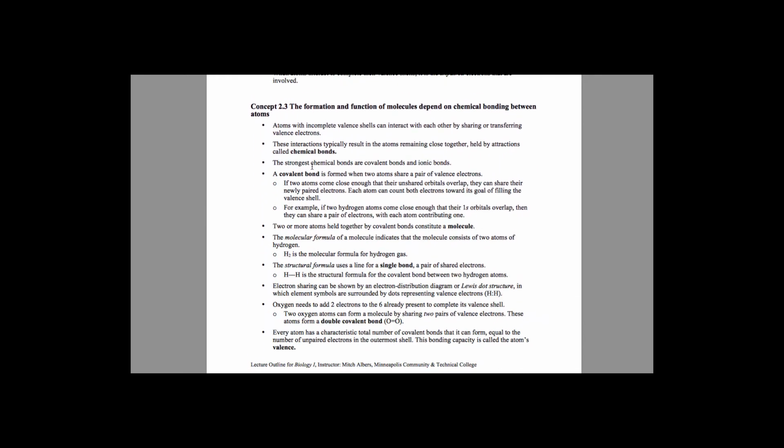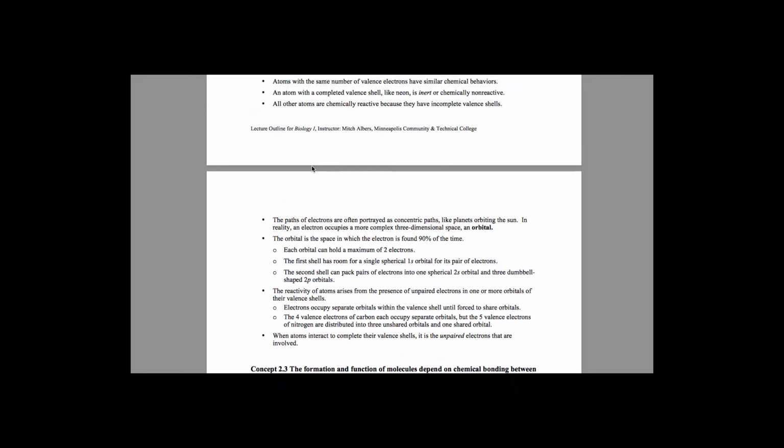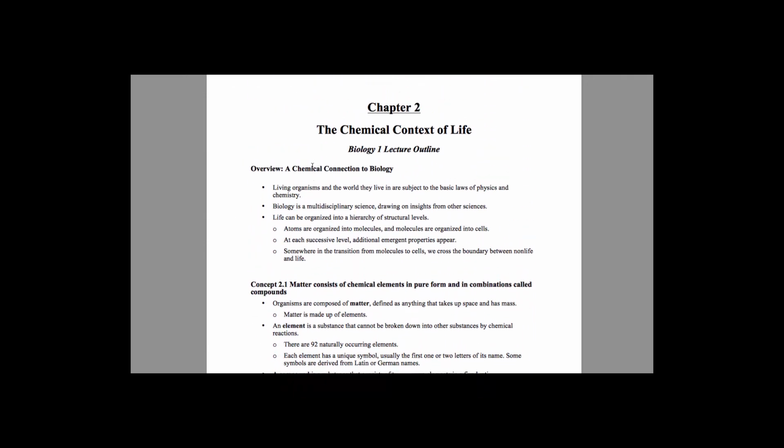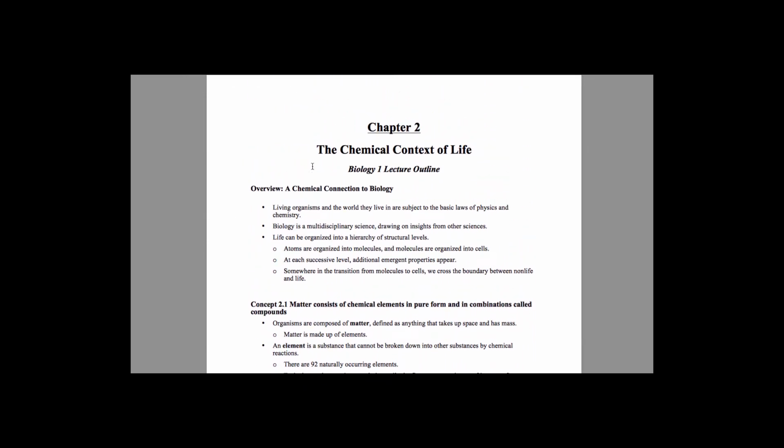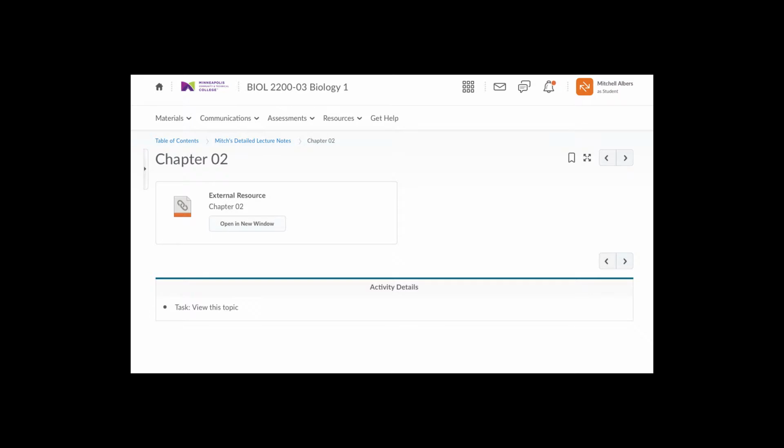I don't have any images or anything like that. That's what the textbook is for. This is just a way of pulling the content out of the book and putting it into an outline form. Students have found these very, very helpful, and you'll want to make sure you check them out. Those are my detailed lecture notes. DLNs is what I call them.